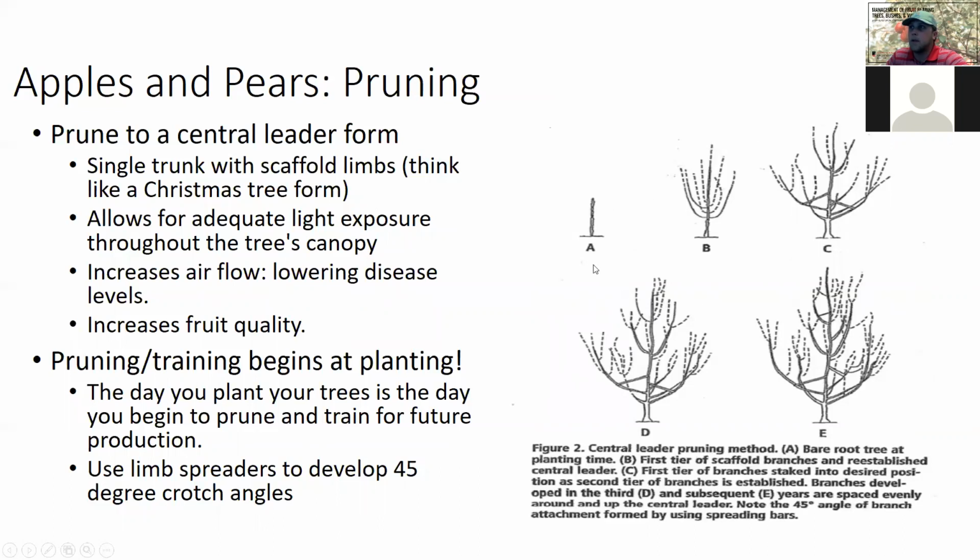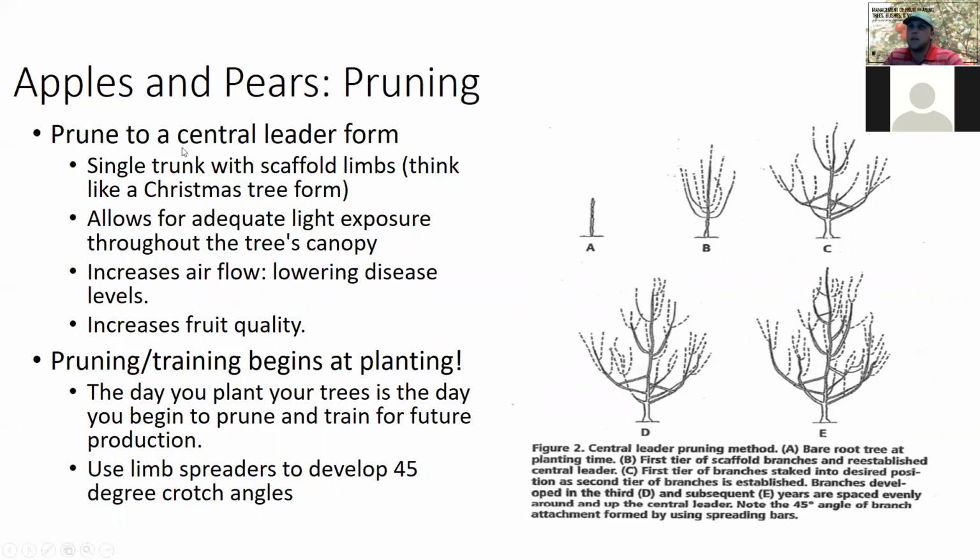When you plant it, you don't want it to have any stem or any limbs coming off of that planting. You're going to want to reduce the size of it by about a quarter at least. And then over time, you're basically looking for a Christmas tree shape, more or less.